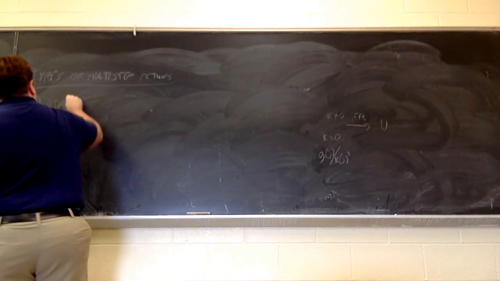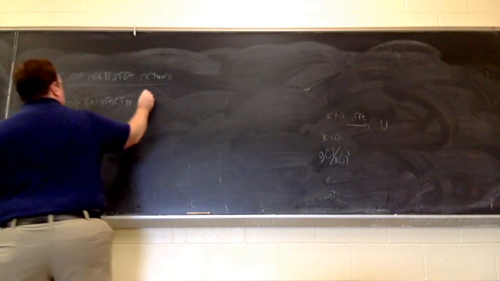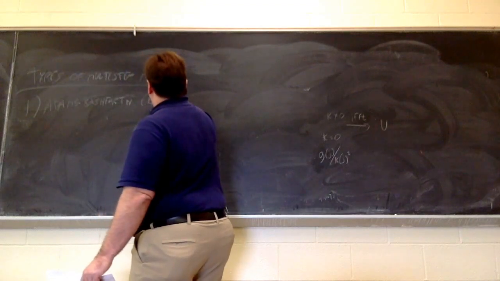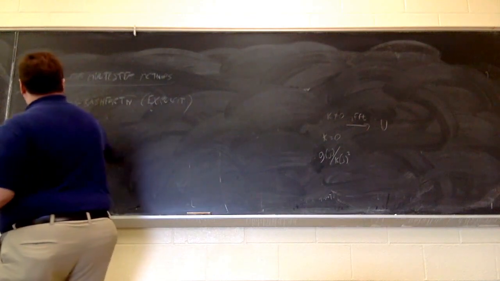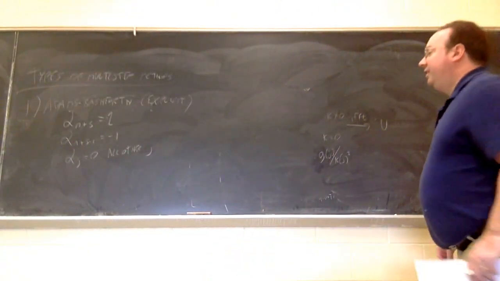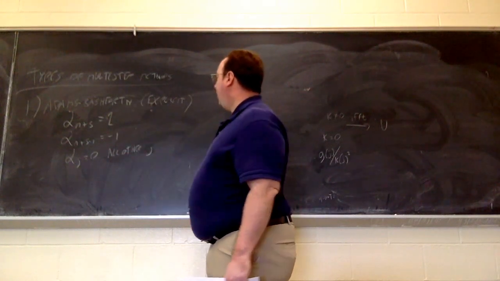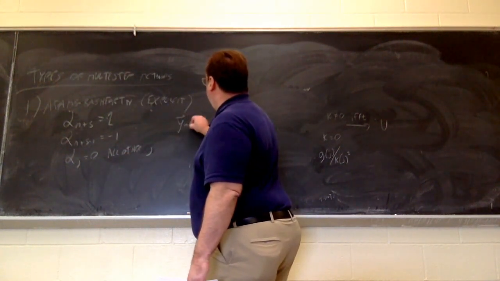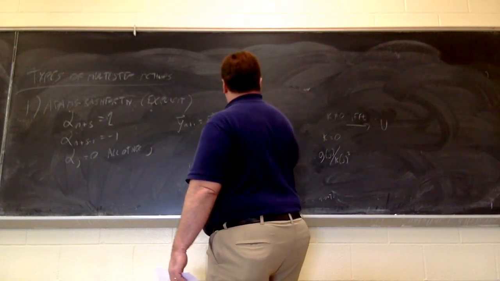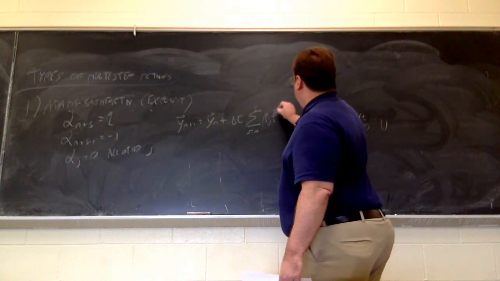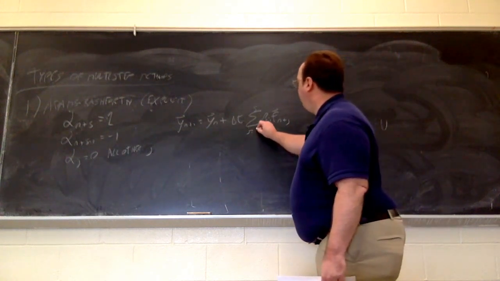There's Adams-Bashforth. These are explicit. And they can be identified by the fact that we only have these two alphas. So you always have a method like this: Yn plus 1 is equal to Yn plus a sum where j goes from 1 to s.